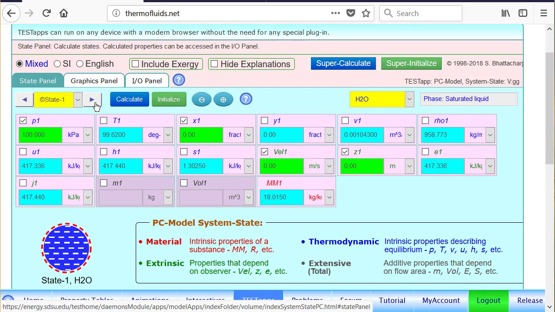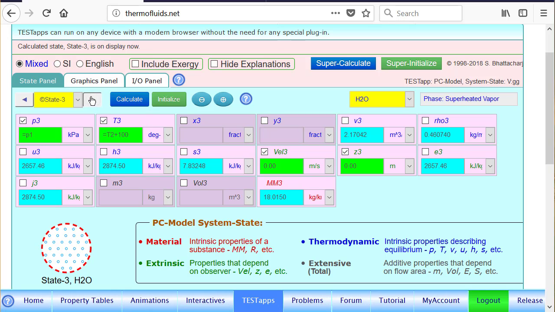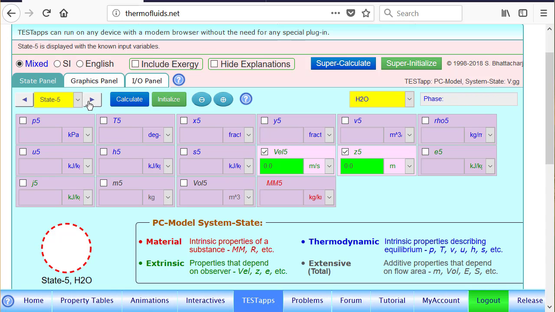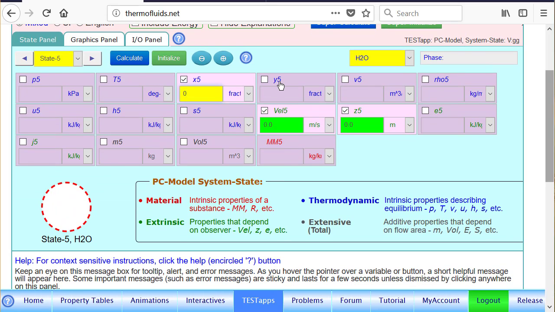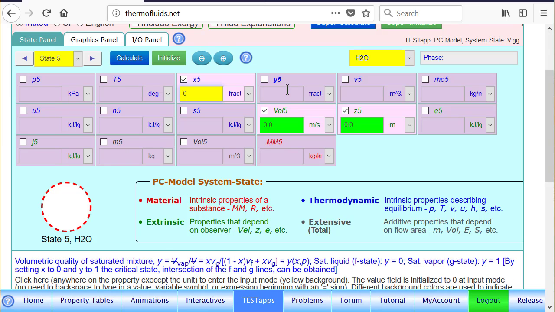Finally, how do we calculate the critical state? What are the two properties we can supply? Well, first of all, notice the quality, the x equals 0 line is our saturated liquid line, and x equals 1 is our saturated vapor line. But y is volumetric quality. It's another kind of quality, where x is the mass-based quality, mass of vapor divided by the total mass. y, on the other hand, if you put the pointer over on the bottom, you'll see the definition.